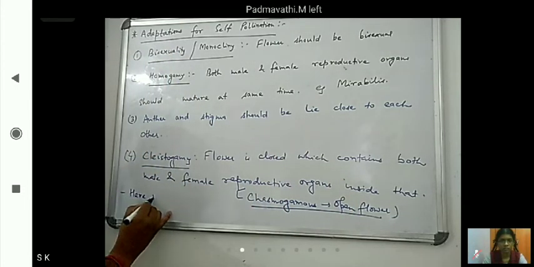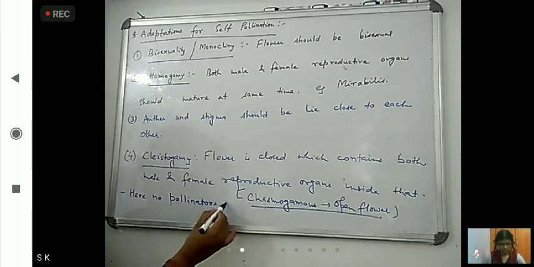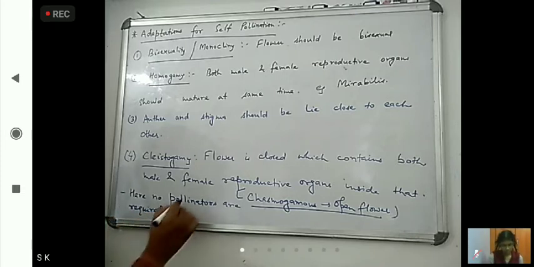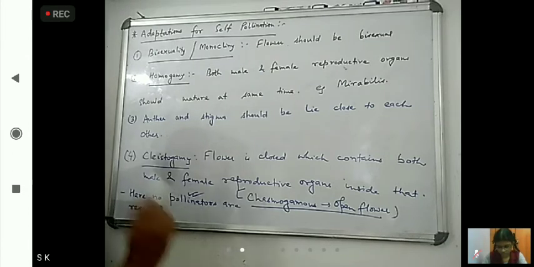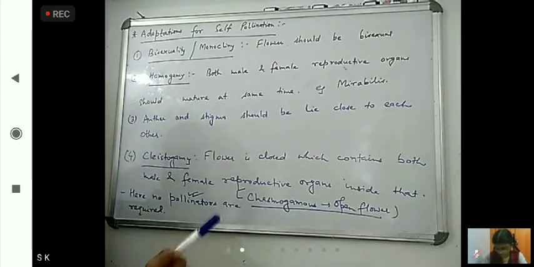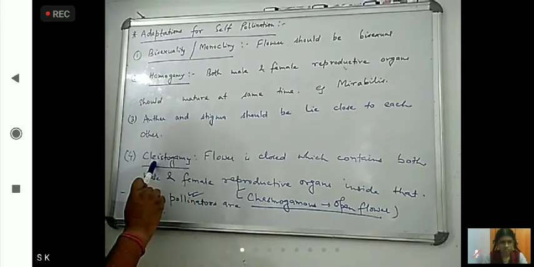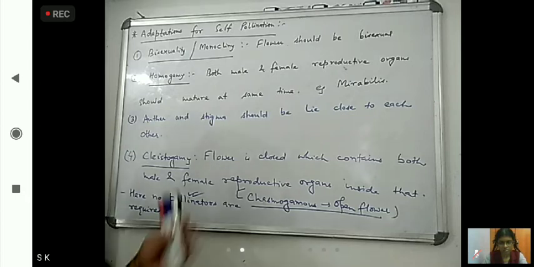If the question asks in which type of adaptation for self-pollination no pollinators or external agents are required, the answer is cleistogamy, or cleistogamous flower. Chasmogamous means open, cleistogamous means closed. Okay, so these are some important adaptations.